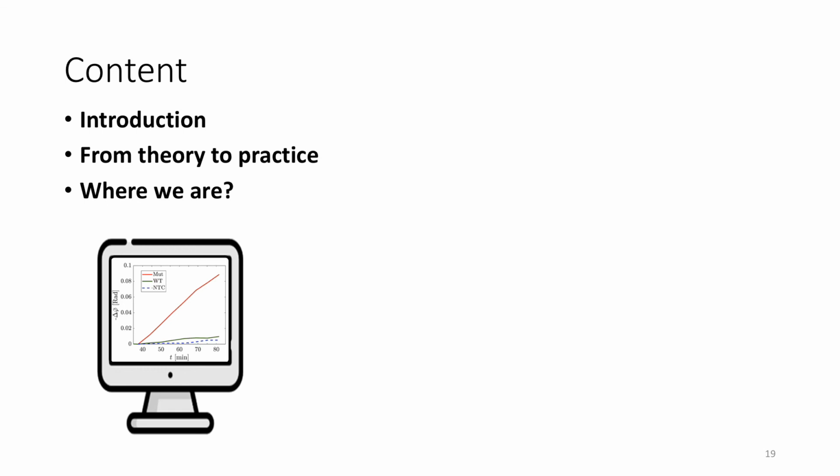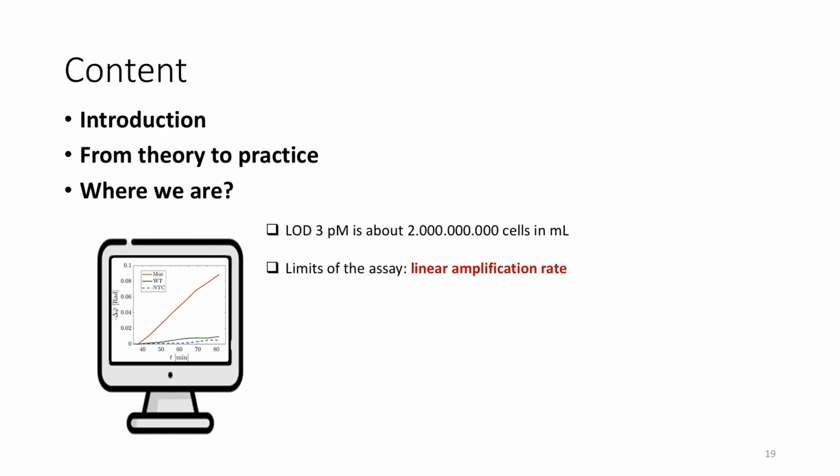The limit of detection of 3 picomolar is about 2 billion cells in a milliliter, which is of course very high and is limited by the linear amplification rate of rolling circle amplification. It can be slightly improved, but it will not compete with PCR with regard to the limit of detection.